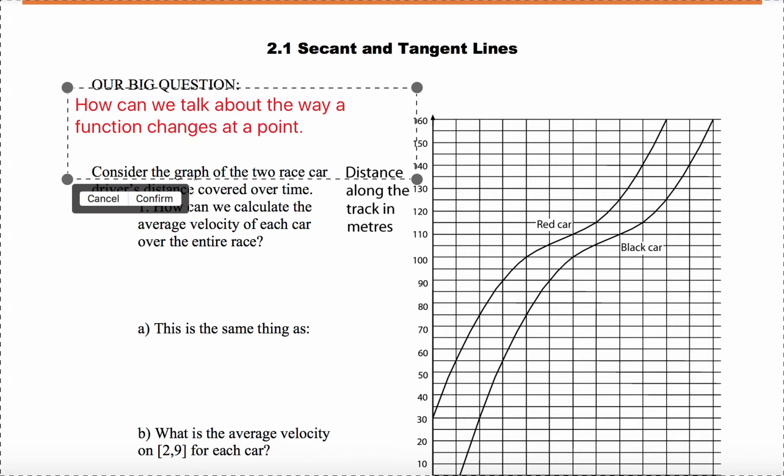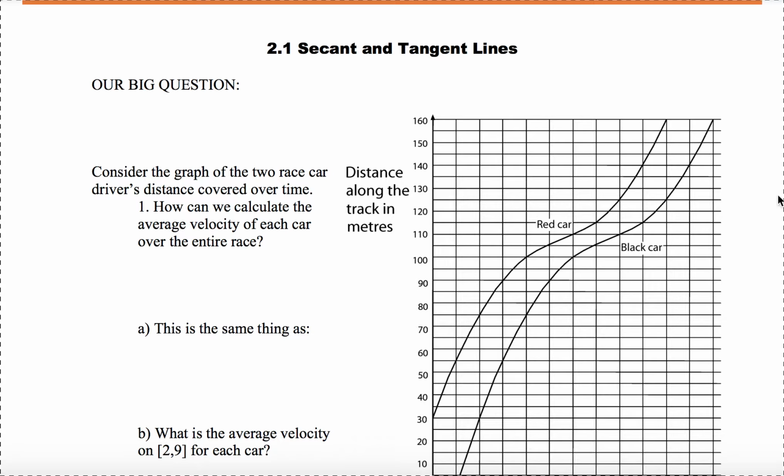Now, this might sound somewhat familiar because when we were just starting off this year, I teased this idea of the average rate of change. If we want to find the slope of a line between 2 points, we can use the average rate of change. But then we can develop a process to find the slope of a line that passes through a single point on a curve, an instantaneous rate of change. And that is what we're going to be exploring a little more today.